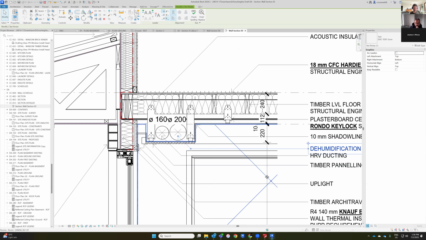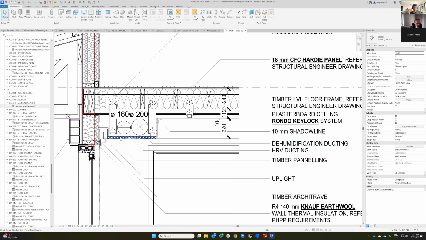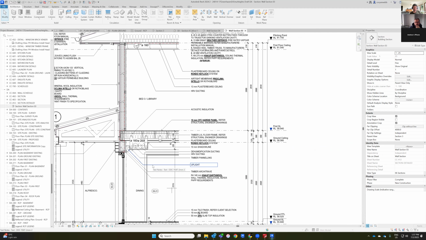The 200 diameter dehumidification ducting can fit in there, and also the HRV, which is about 160 diameter. And I have a featured timber on the bottom. Is that the laundry? The living room. So the HRV is not 160. It's only 160 between the unit and the exterior. So the rest of it is probably going to be 90. Okay, good.